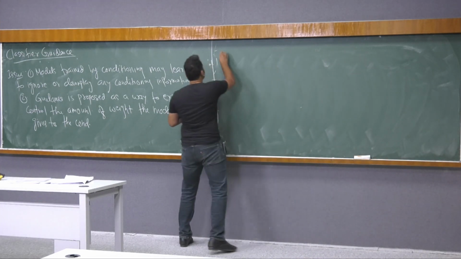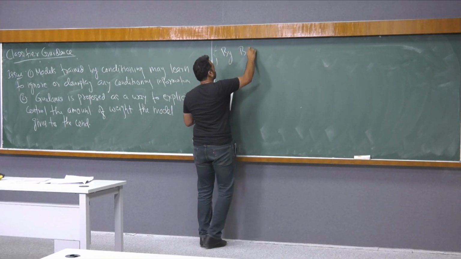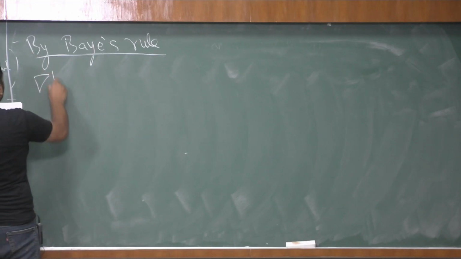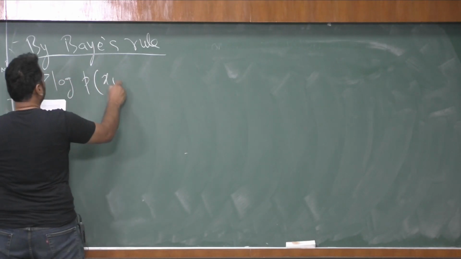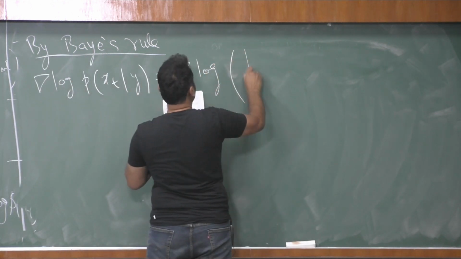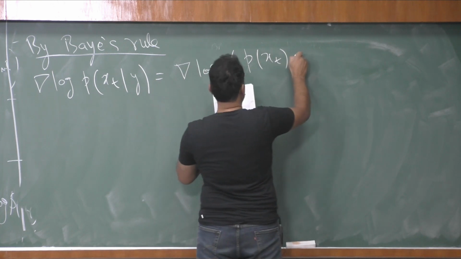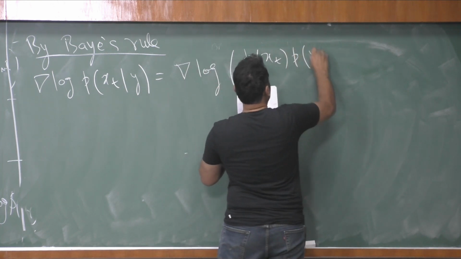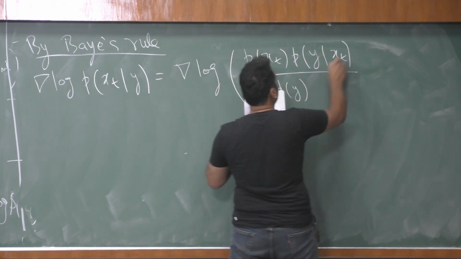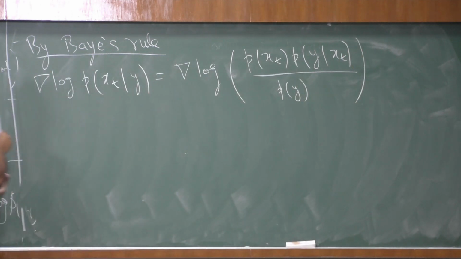By Bayes' rule, what we have is grad log p(xt given y) is grad log of, and we will use the score based approach, p(y given xt) p(xt) divided by p(y). We are looking at the scores, right? It's a conditional score now. Earlier the score was grad log p.